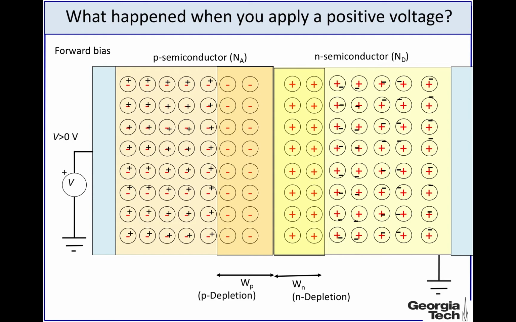The second thing that will happen, which we have not yet discussed, is that the p side will inject holes to the n side, and the n side will inject electrons to the p side.